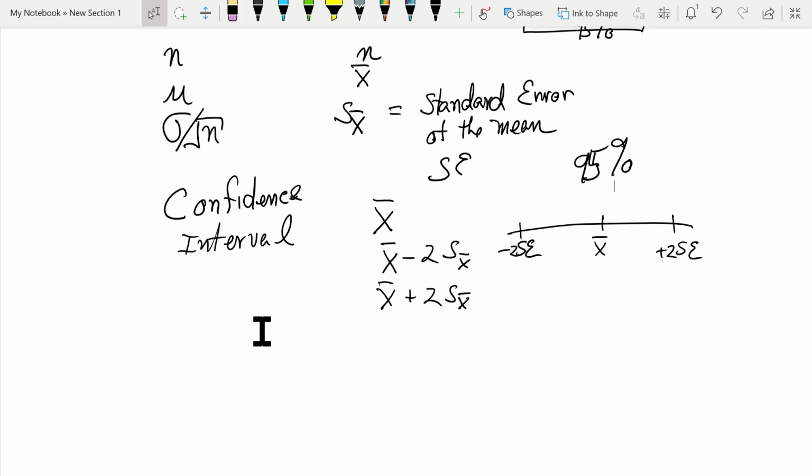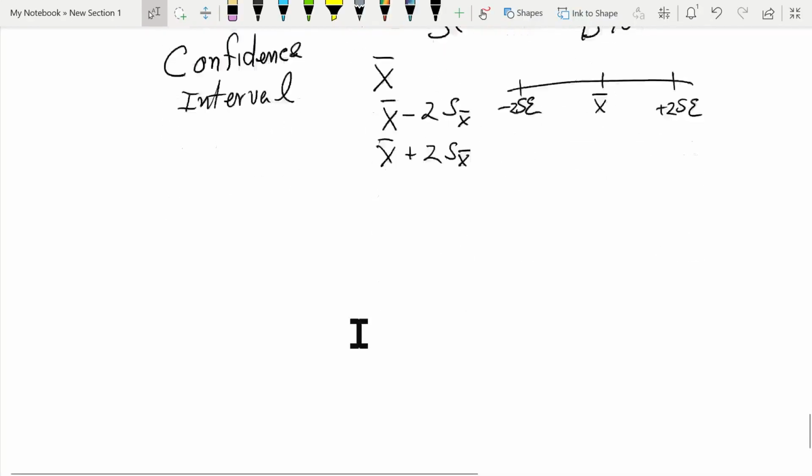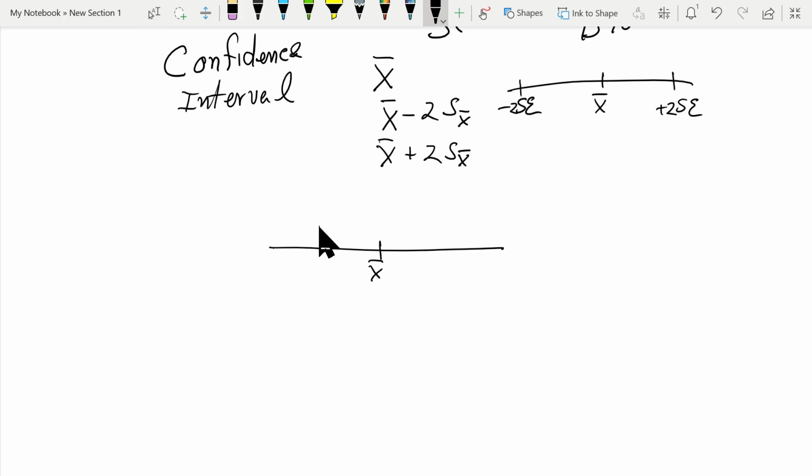And if I want an 80% confidence interval, what does an 80% confidence interval look like? In this one, how much is in the middle? 95. 2.5 out on either end. If I have an 80% interval, it's in the middle.